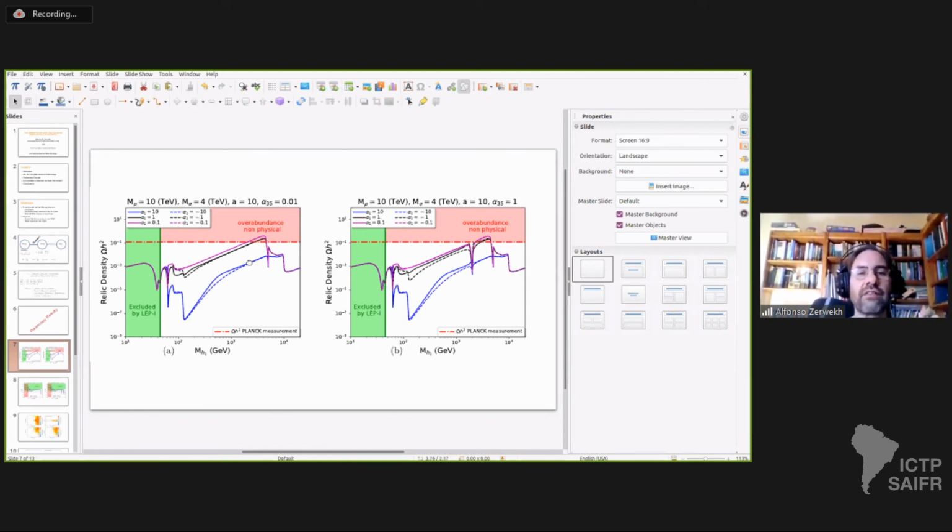I remind you that usually for models where the dark matter is a scalar, the relic density saturates at smaller values of the mass. But for us, the saturation happens in the order of TeV masses, because the internal interaction of the dark matter, the gauge interaction of the dark matter, provides very efficient annihilation channels.